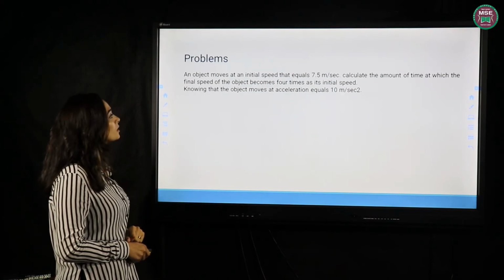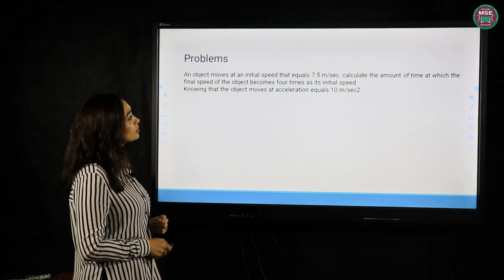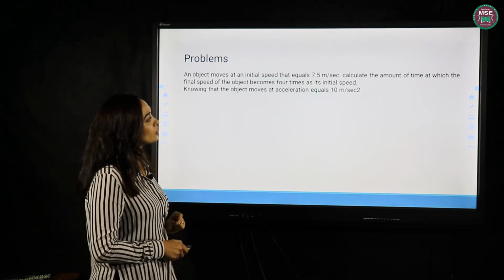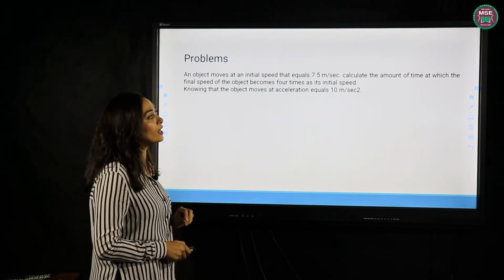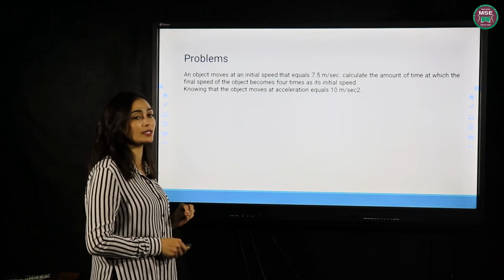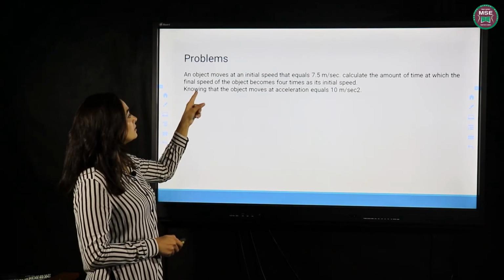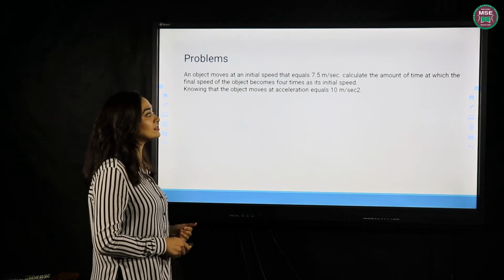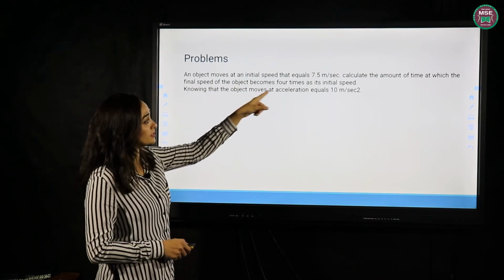Another problem. It's a very tricky problem, so concentrate with me. An object moves at an initial speed that equals 7.5 meter per second. Calculate the amount of time. Okay, here we have to calculate the time, not the acceleration. The final speed of the object becomes 4 times its initial speed.